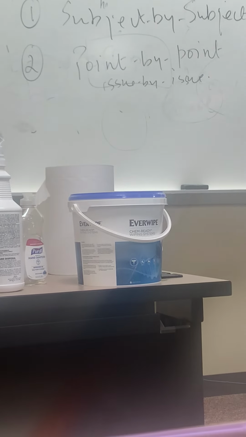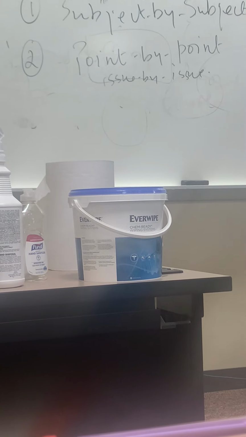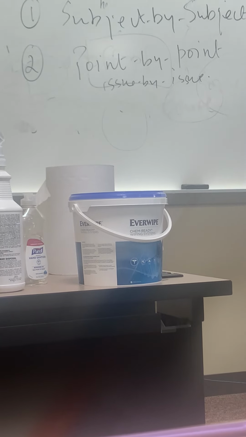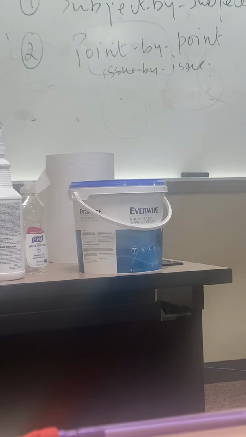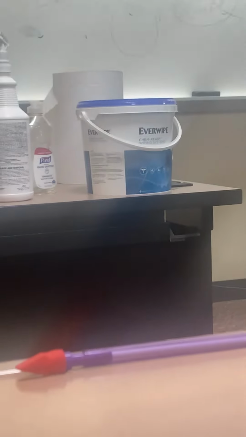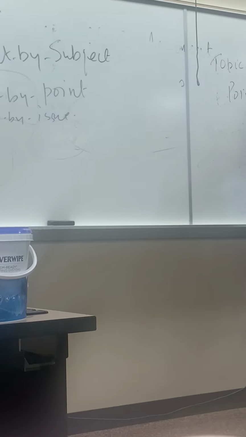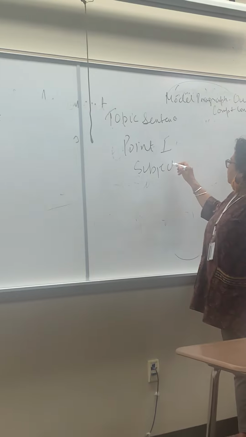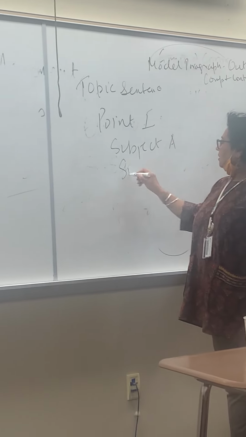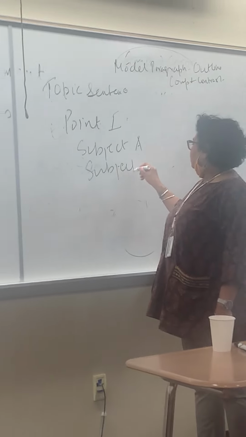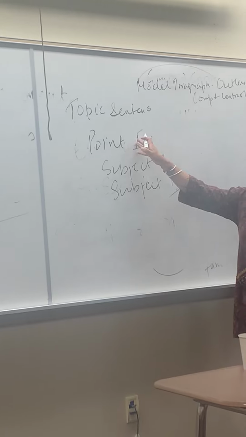Subject by subject is literally your paragraph will look like: topic sentence, then point 1 or detail 1. Subject A is this. Whoever has that, turn off your phone. And subject B. What does subject A say about that particular point?